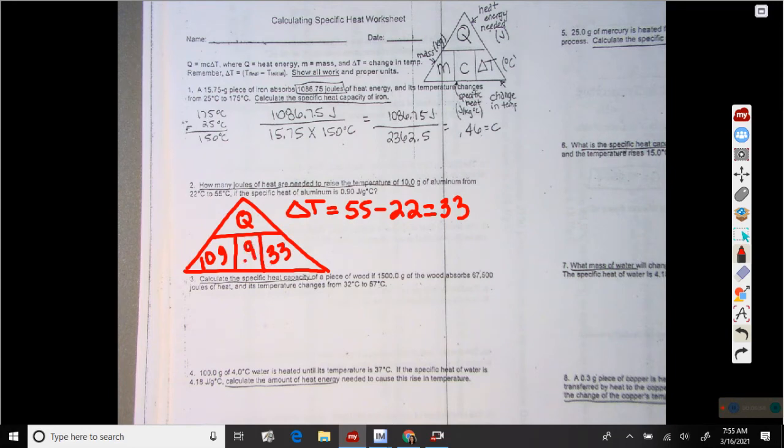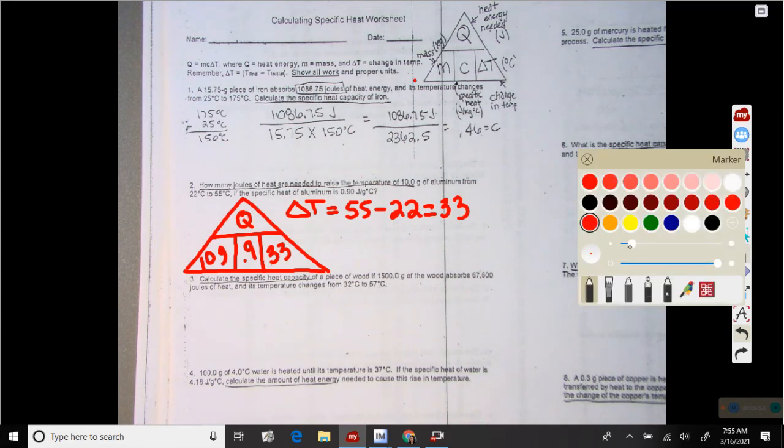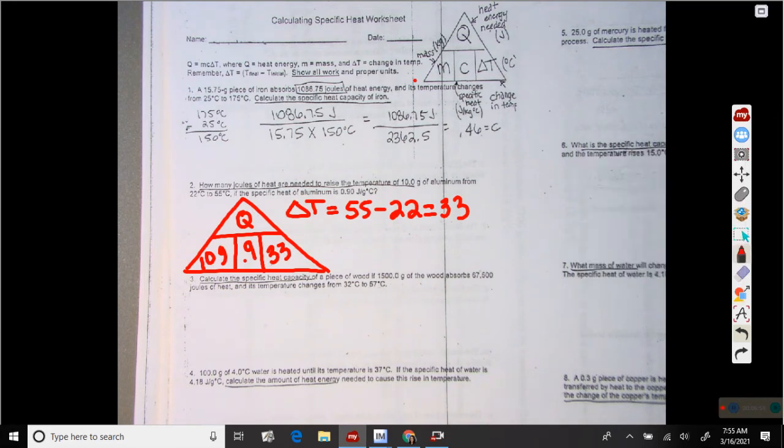You need to look at your triangle up at the top to make sure you know how to do this, okay? So let's look at it. If we take these 3 numbers and multiply them together, 10 times 0.9 times 33, your Q should be 297 joules. Okay, that is your answer.